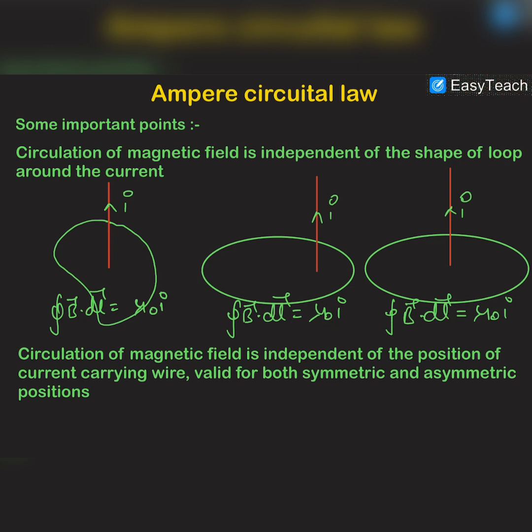As well, you can see that this current carrying wire is passing through the center of this loop, but this wire is not passing through the center. So this is also valid.